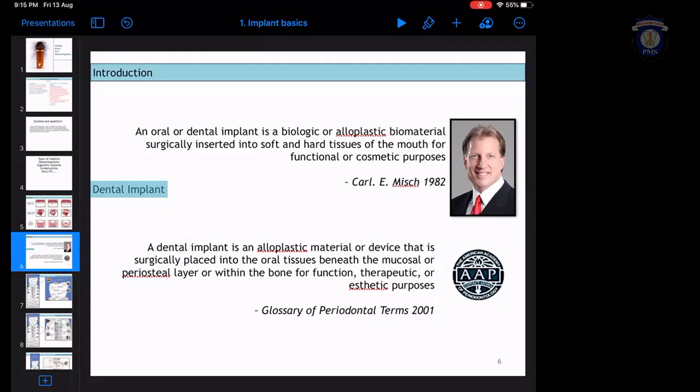Then, according to the Glossary of Periodontal Terms 2001, the American Academy of Periodontology has described a dental implant as an alloplastic material or device that is surgically placed into oral tissue beneath the mucosal or periosteal layer or within the bone for functional, therapeutic, or aesthetic purposes. Okay.